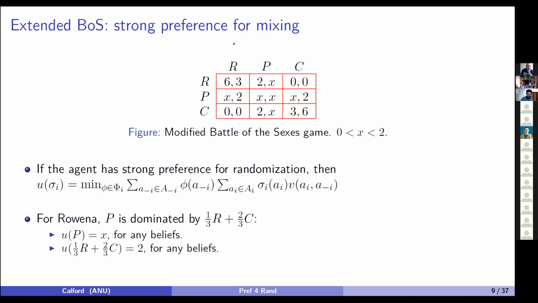Because if I believe my opponent is going to play R, I have 1/3 times 6 plus 2/3 times 0, which is 2. If I believe my opponent is playing P, I have 2. And if I believe my opponent is playing C, I get 2/3 times 3, which is also 2. So this part of the expression evaluates to 2 for any belief about my opponent, and therefore the utility is 2 for all beliefs.